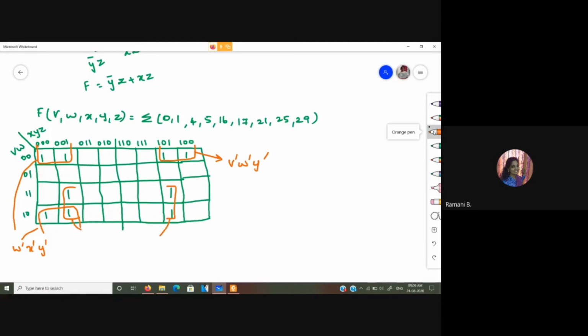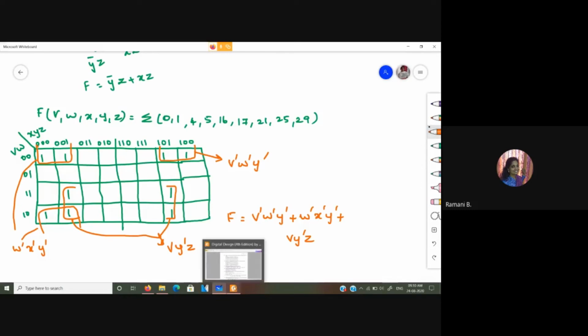This corresponds to V, and here it is 0 1, so y bar z. So the expression is V bar W bar y bar plus W bar x bar y bar plus V y bar z. So this is how we do the 5 variable K map.